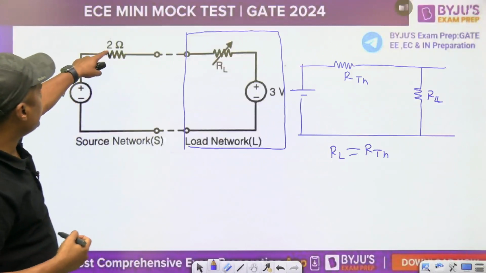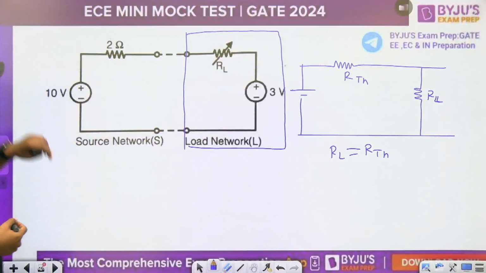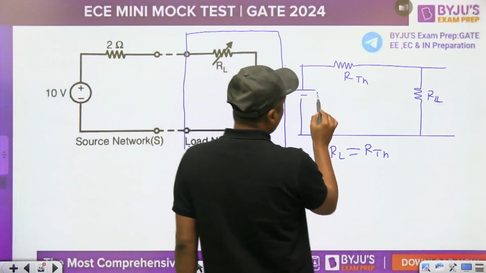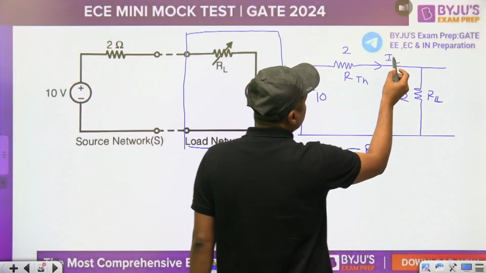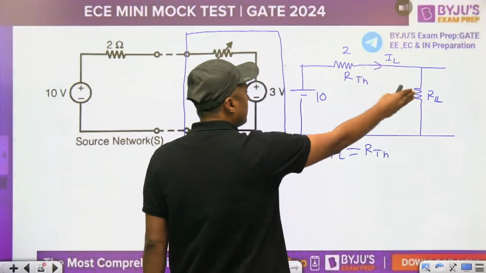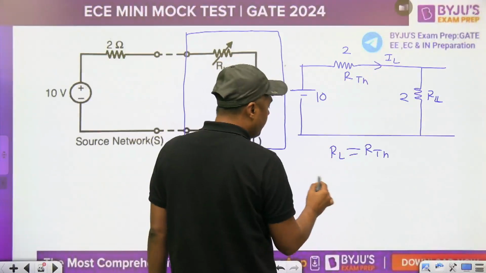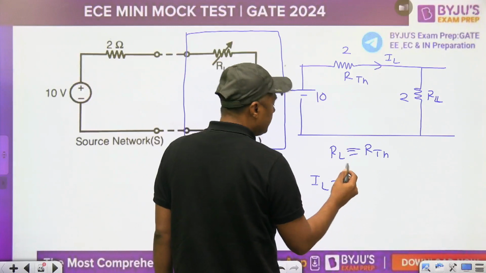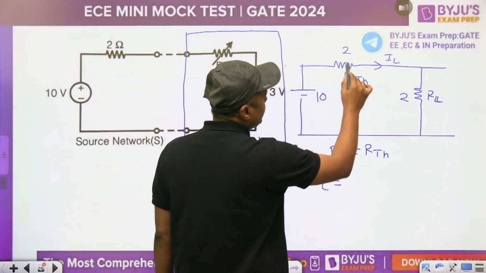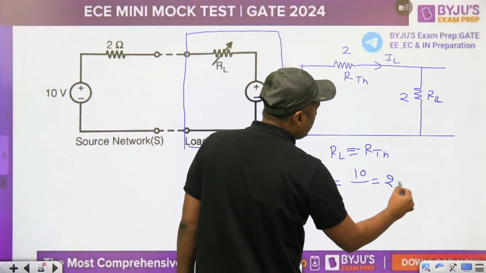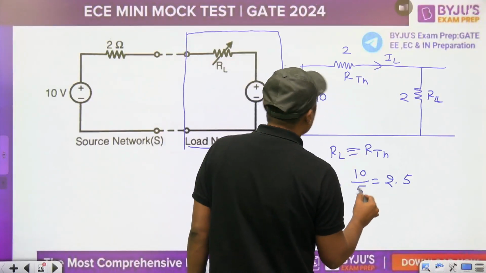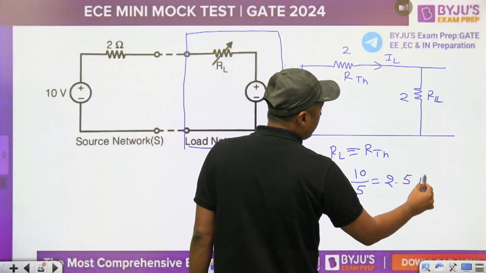Now, what is the RTH? 2 ohm, because it is a source network, 10 volt. Then what is the load current given by the source network to that load network? We can find the current here. Directly we can apply this shortcut. 10 divided by 4, that is 2.5 ampere, because it is given in ohm.